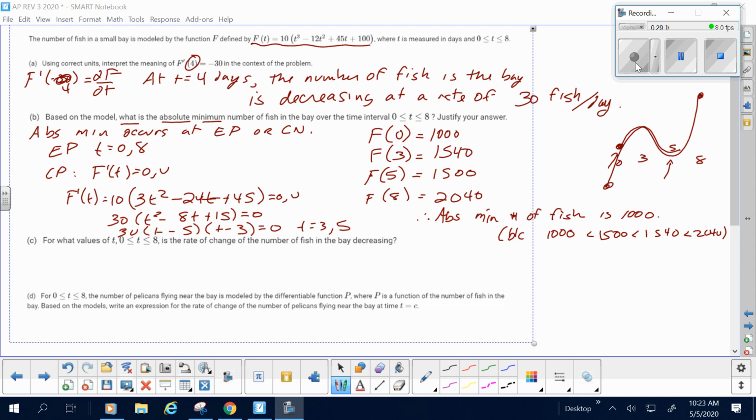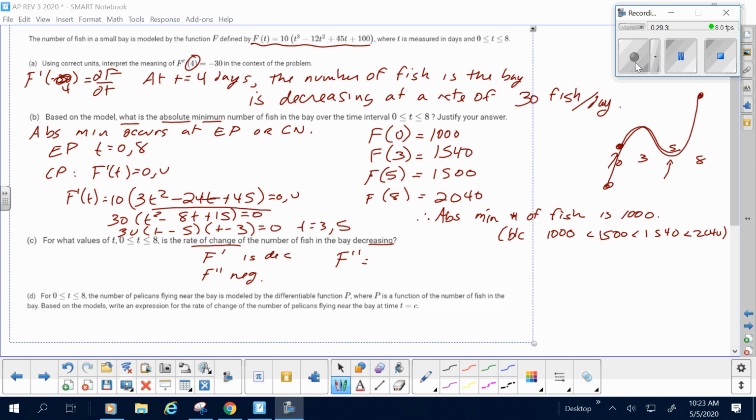Okay, did you say for C that the rate of change is decreasing on 0 to 4? The rate of change decreasing means that the derivative is decreasing, and that means the derivative of the derivative is negative. So you should have looked for the second derivative. You could go back to the original function.